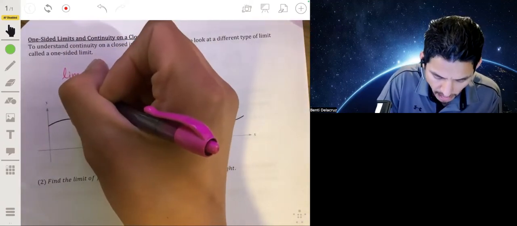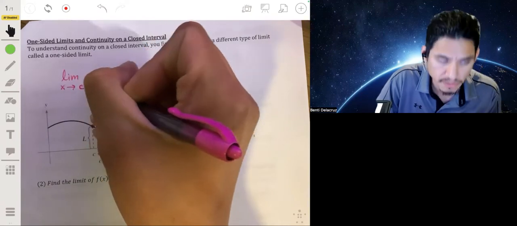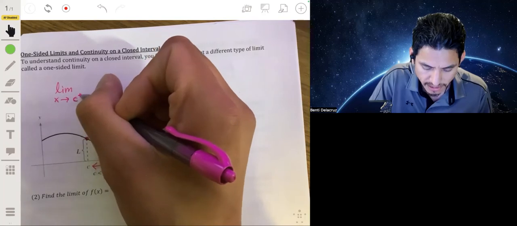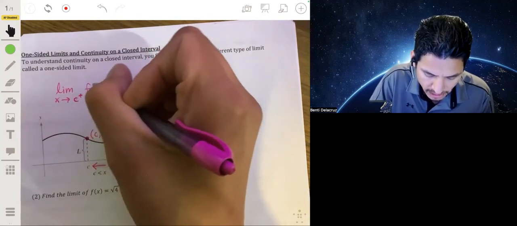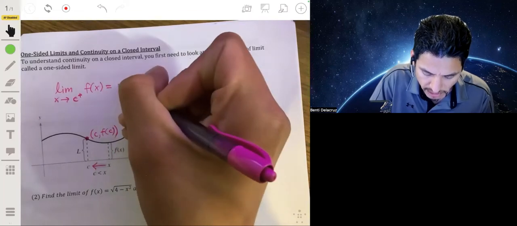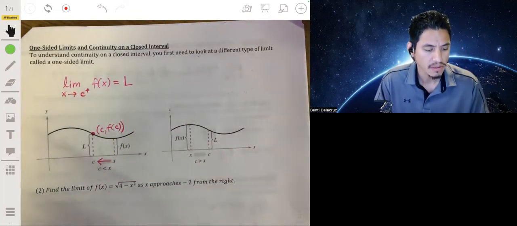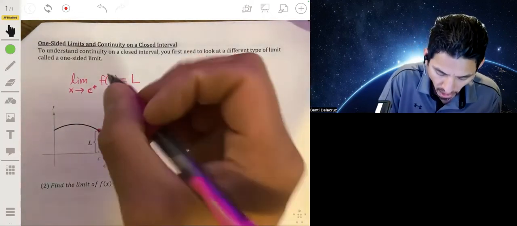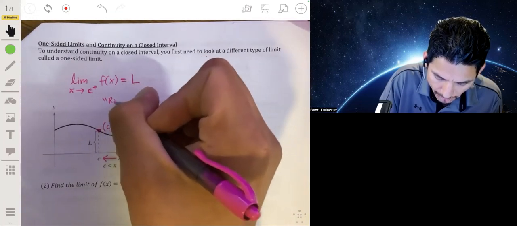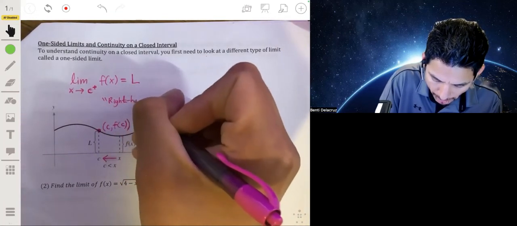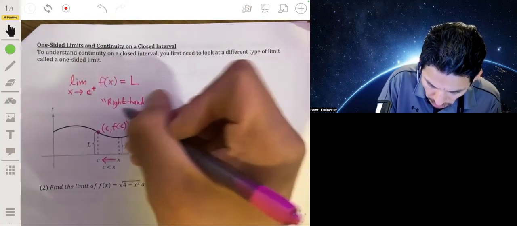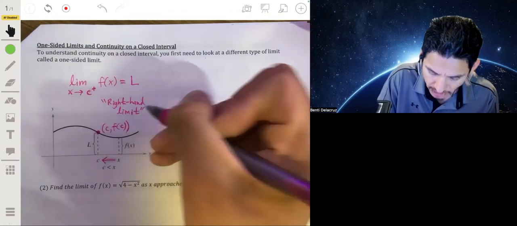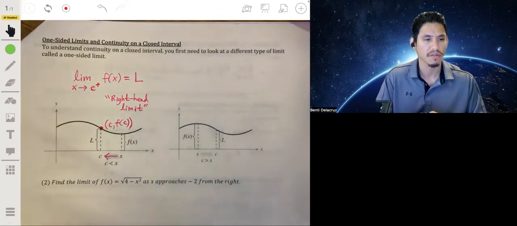The limit as x approaches c, and we use the positive symbol as a superscript, which lets us know this is approaching from the positive, or right, side, of f of x is equal to L. We also call this the right-hand limit, because we're approaching from the right side. So positive side, right side limit, same deal.